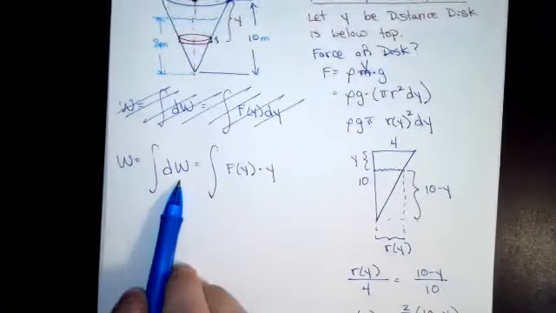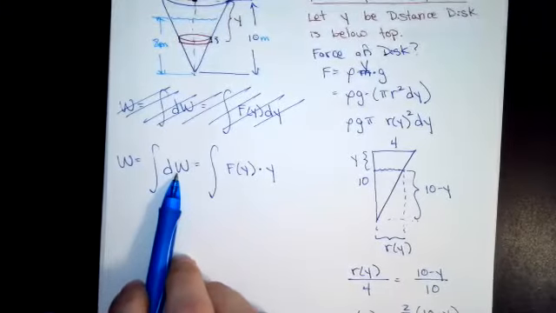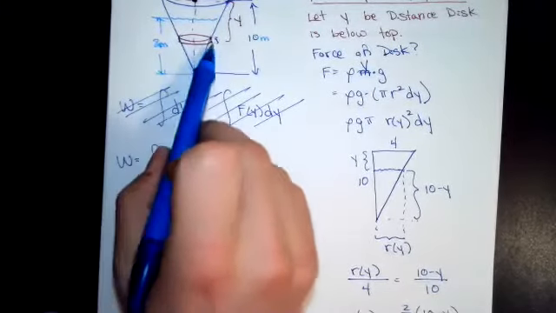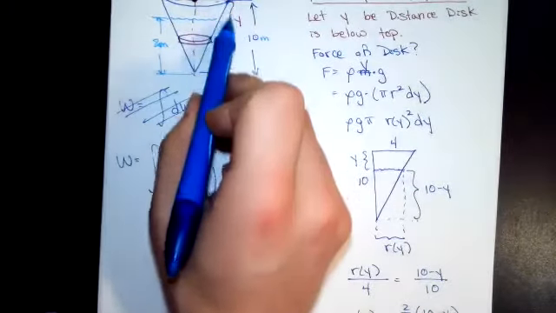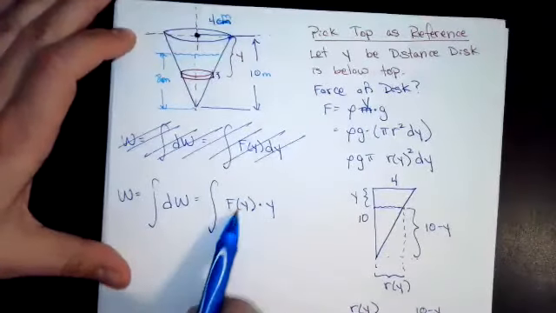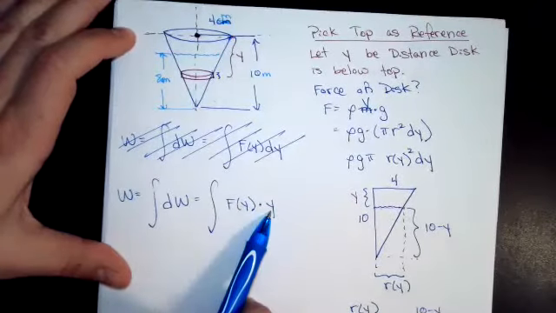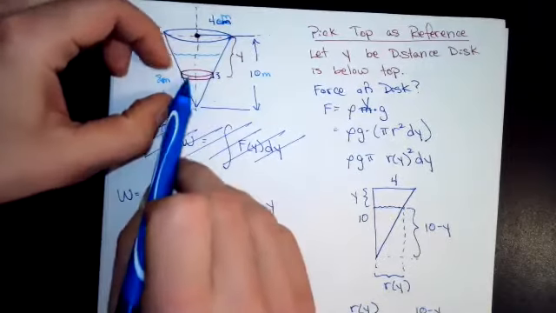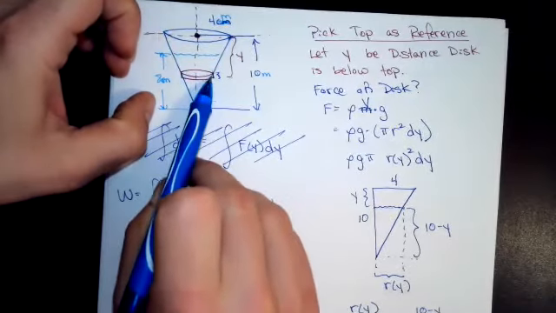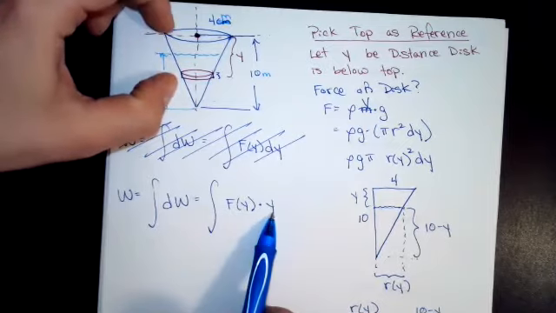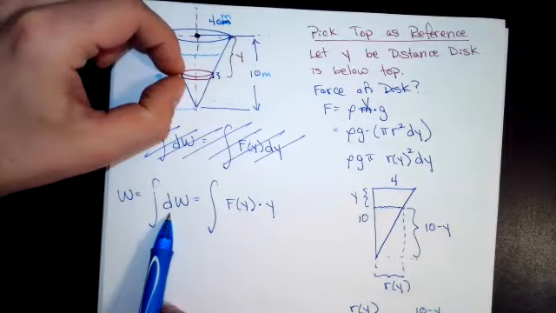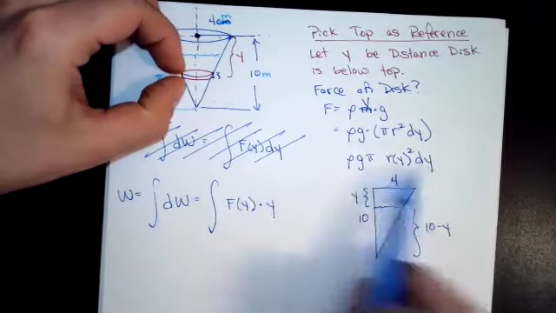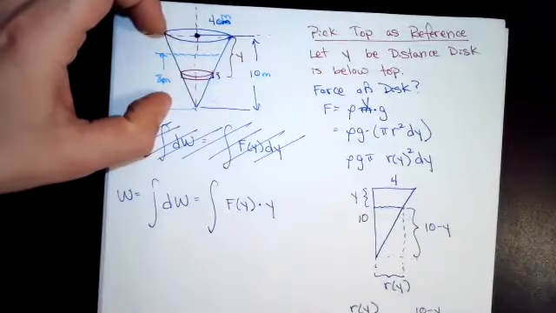So our work integral of dw, what is the infinitesimal amount of work done in moving one of these disks out? Well, the total distance we're moving it, since I set it up at a distance y below the origin, the total distance I have to move a disk is y. So if the force is constant on that disk, then I'm moving it a total distance of y. That's an infinitesimal piece of work that I've done for that amount of water. My differential then comes into play with the width of the disk there.